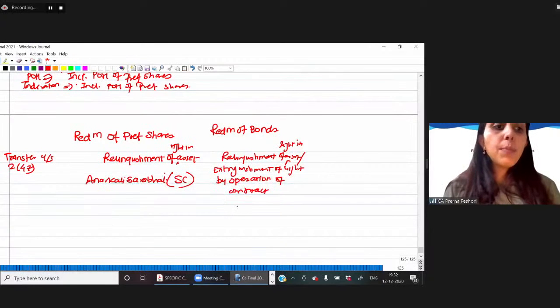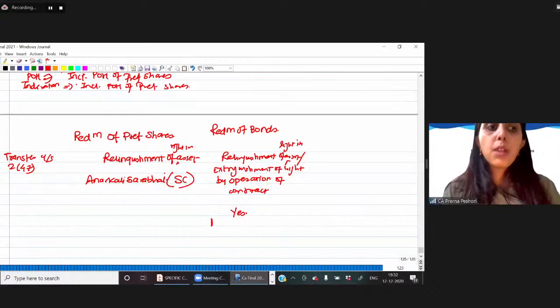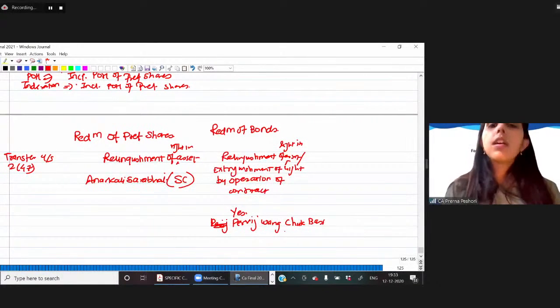So this will be considered as taxable transfer. Clear? This is as per the judgment of Parvich Wang Chuk Basi. Clear?